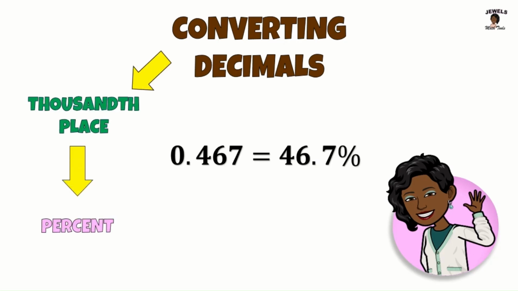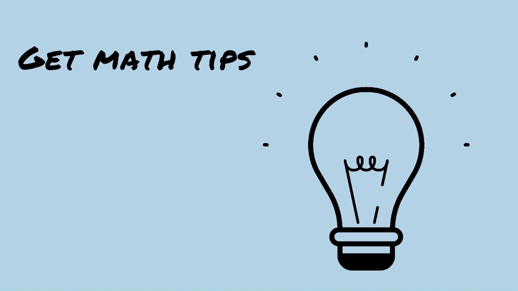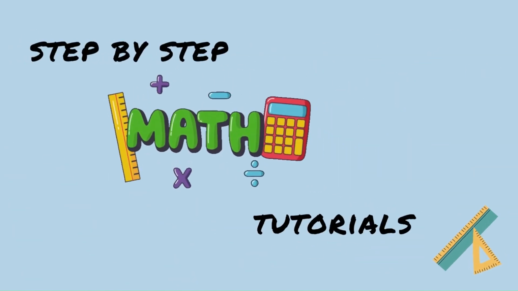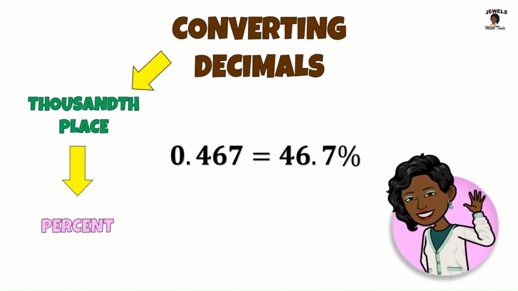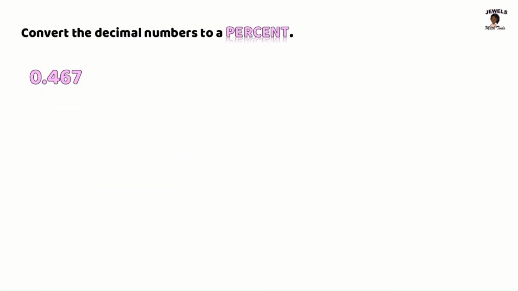In our session today, we are converting a decimal number in the thousandths place to a percentage. In our first example, we're going to be converting the number 467 thousandths into a percentage.